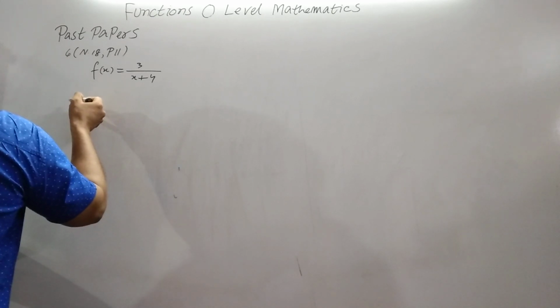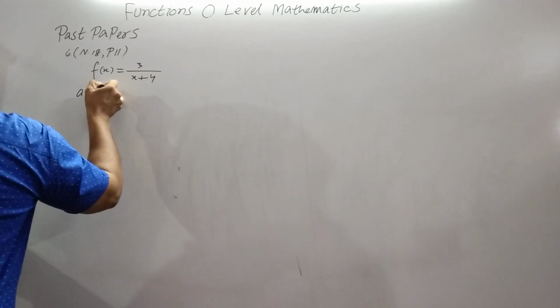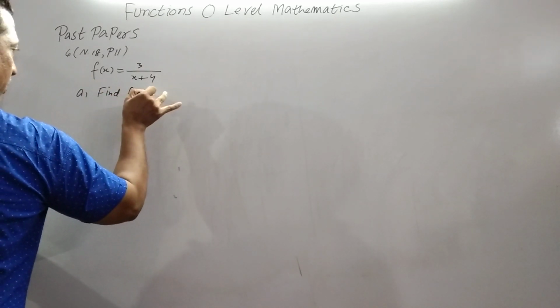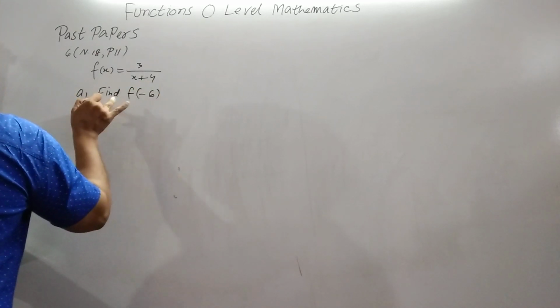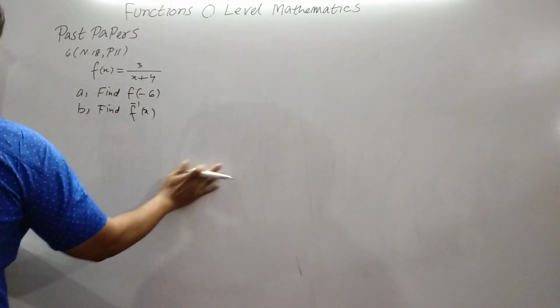Part A is find f of minus 6. Part B is find f inverse x.